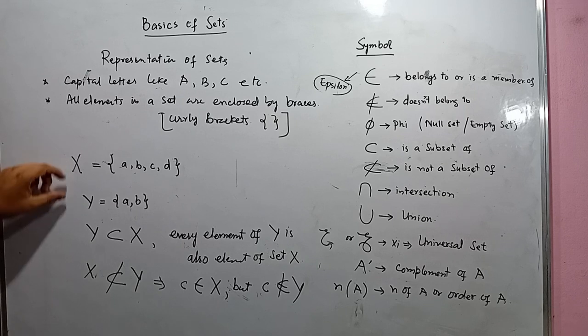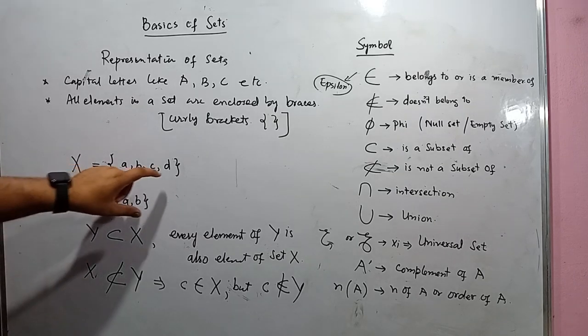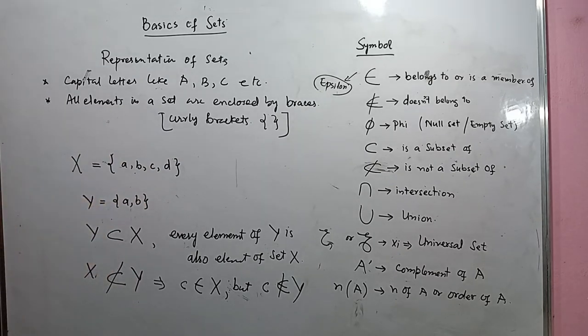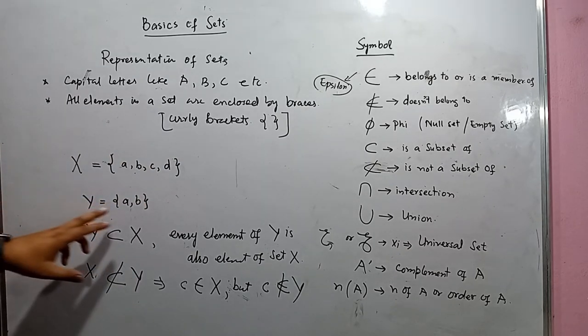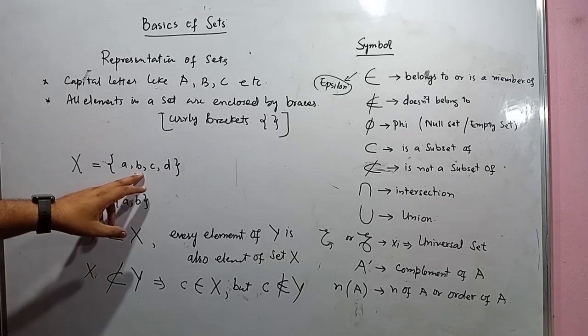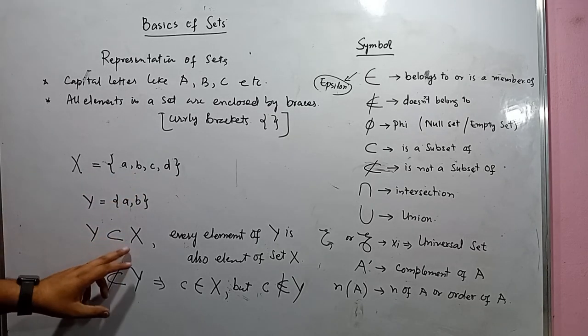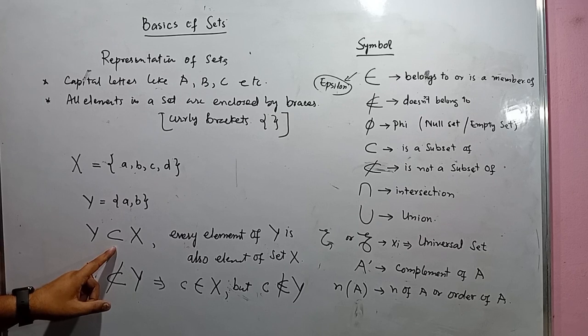Here you can see X and Y are two sets. In X, the elements are A, B, C, D. In Y, the elements are A and B. Every element of Y is also present in X, so Y is a subset of X. This symbol is subset.